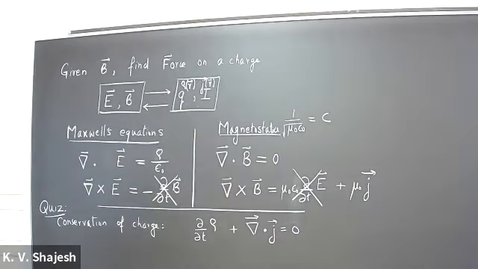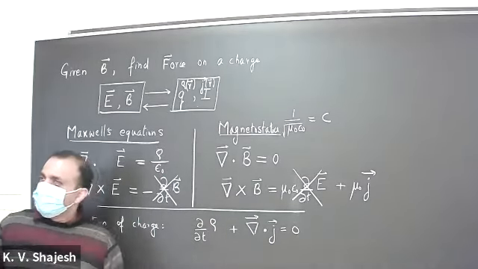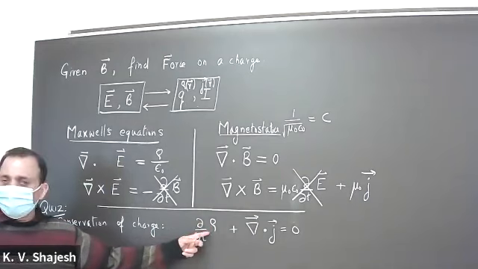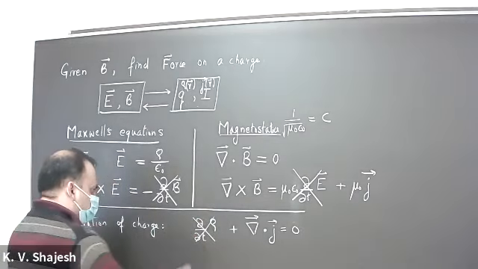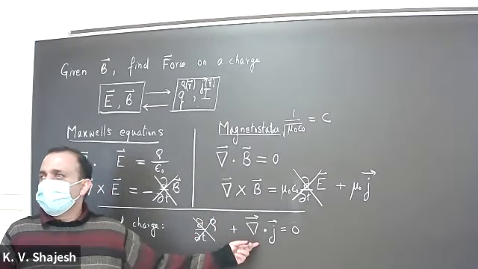Okay. And the quiz is to derive it. But now I said that we're doing statics. When we're doing statics, all the time dependence is gone. That means the charges are not time dependent. So I get rid of this, which puts a restriction on the kind of currents we talk about.